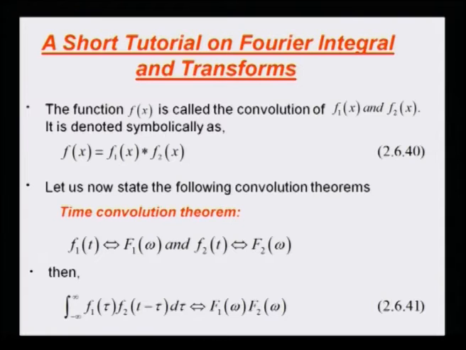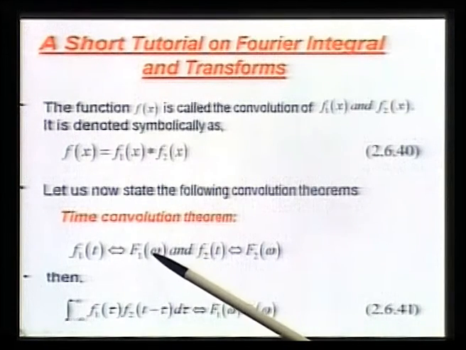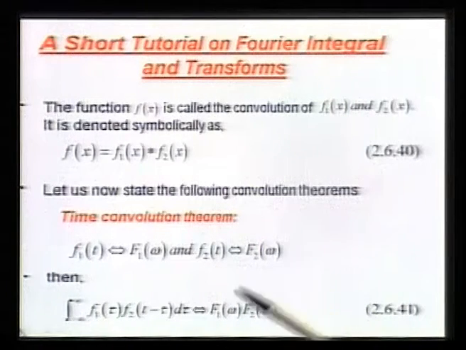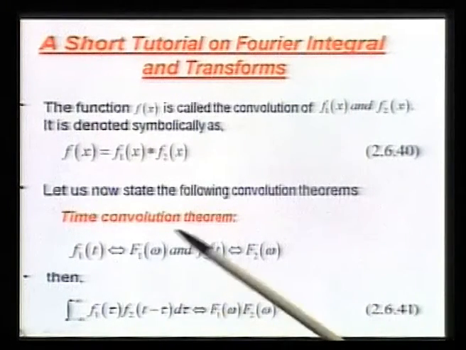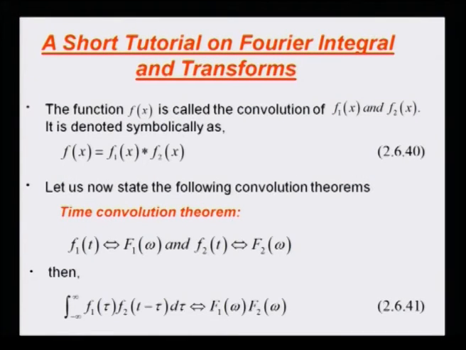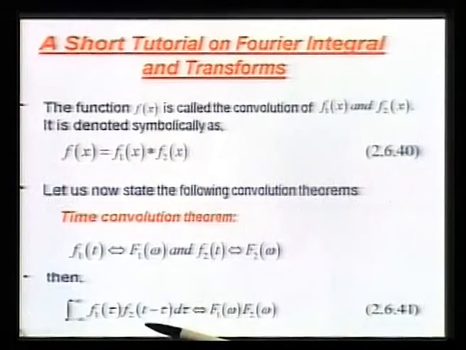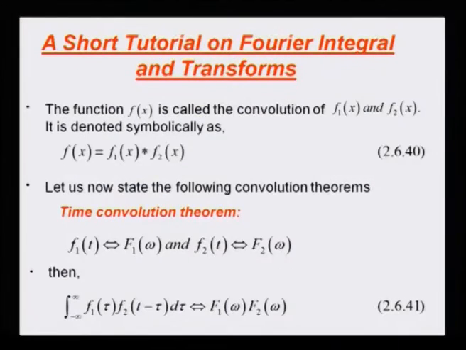Then we can talk about a convolution theorem. The convolution theorem states the following: if I have two functions f1 of t and f2 of t, with corresponding transforms f1 of omega and f2 of omega, then the convolution of f1 and f2 is simply nothing but the product of the transforms. That is why convolution plays such an important role: the convolution in the physical space is equal to the product of the transforms in the spectral space.